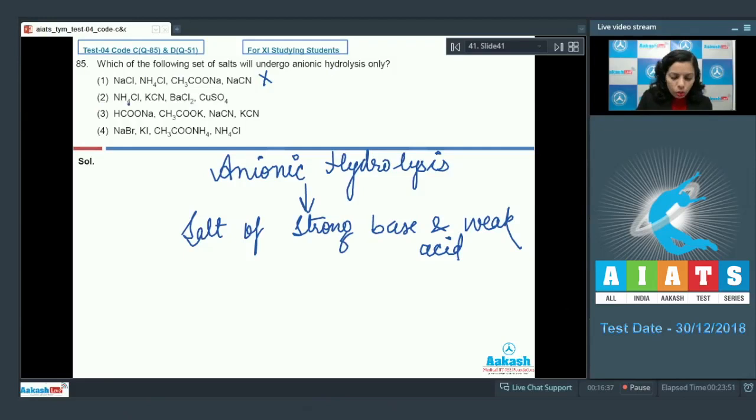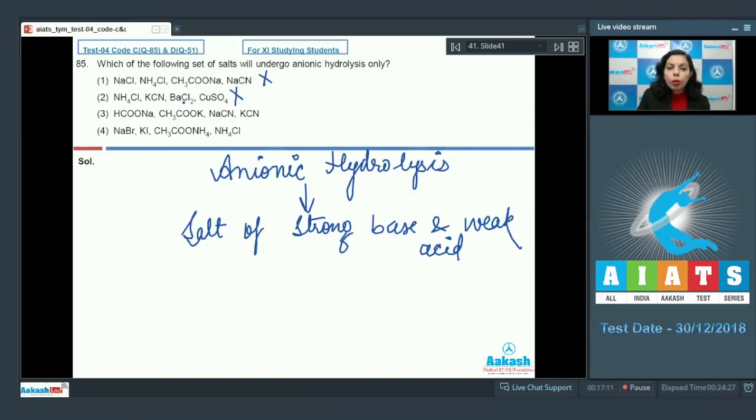Further, ammonium chloride given in the second option is the salt of a strong acid and a weak base. It means this will not undergo anionic hydrolysis. Similarly, KCN is the salt of a strong base and a weak acid. It can undergo anionic hydrolysis, but the second compound given here, ammonium chloride, is not following. So the whole set will not be considered as the group that we have to choose as the correct option. I'm just going to discard it.